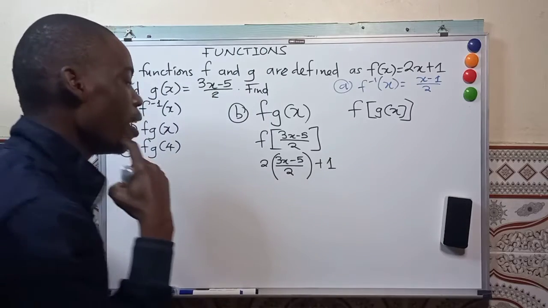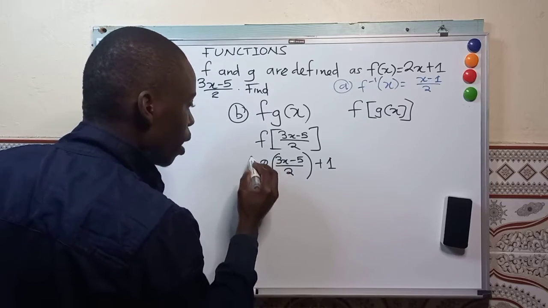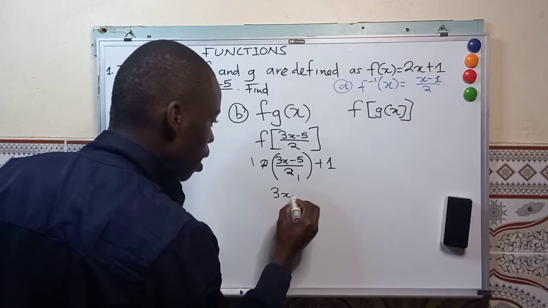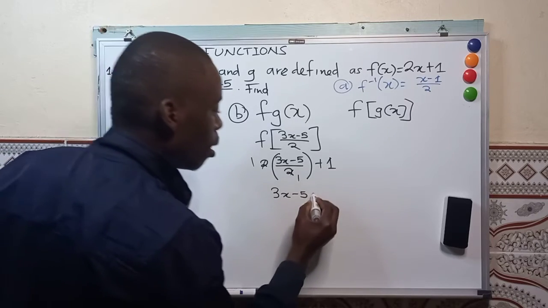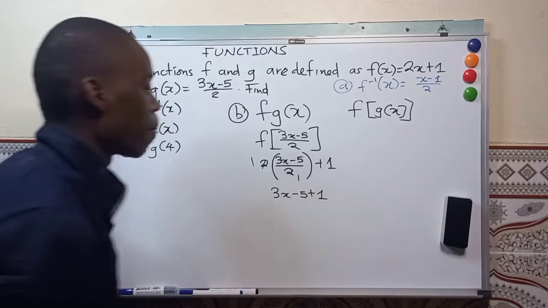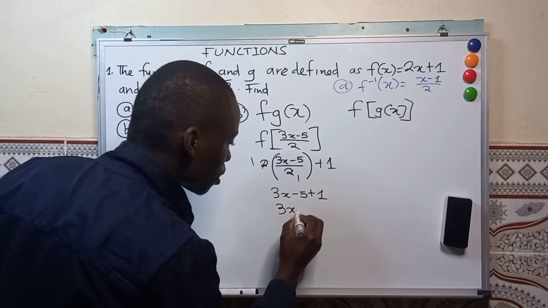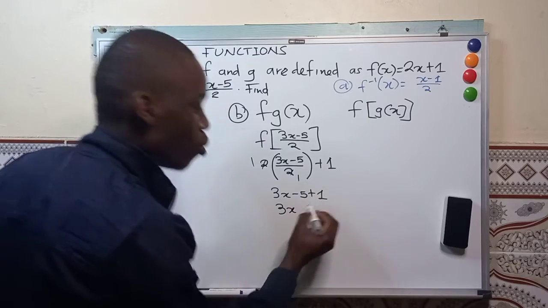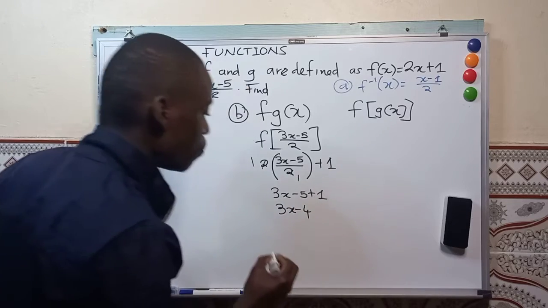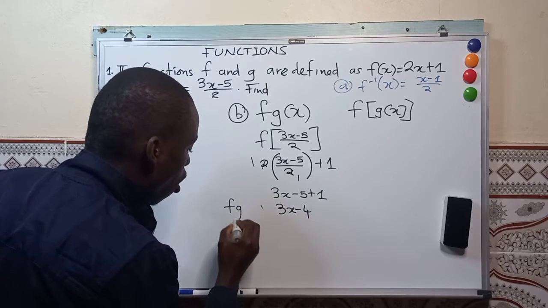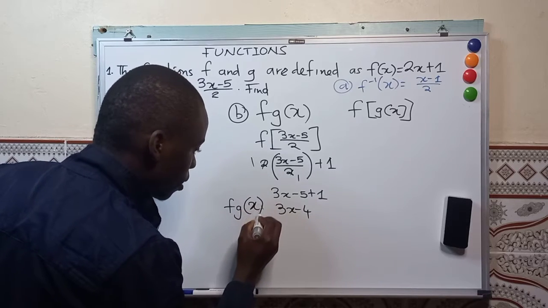To simplify, the 2 cancels with the 2, so you remain with 3x minus 5 plus 1. Minus 5 plus 1 is minus 4. So this is our f of g of x.